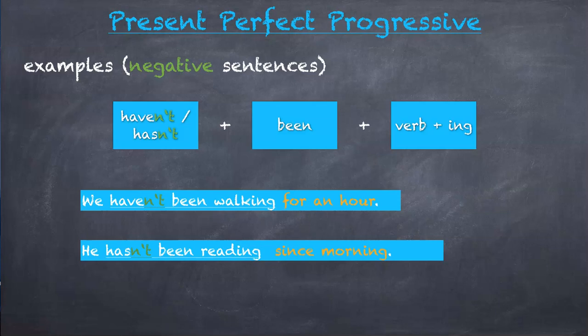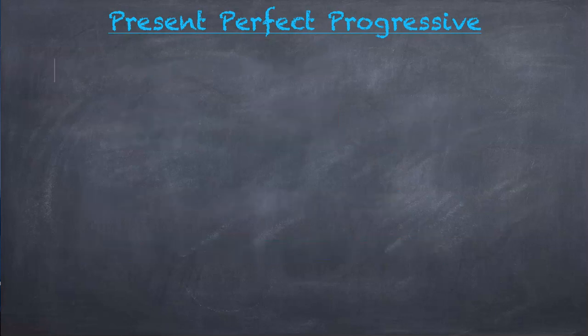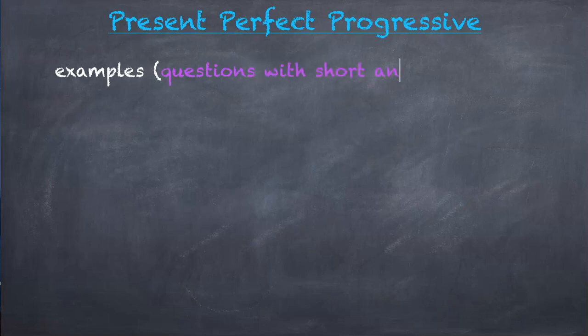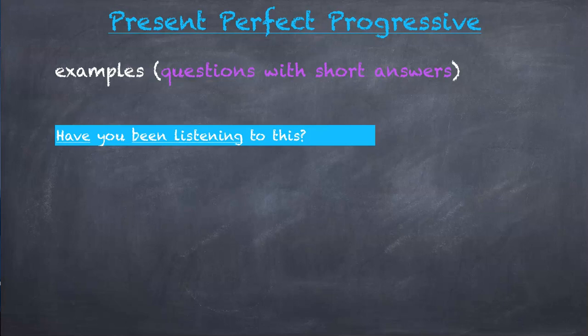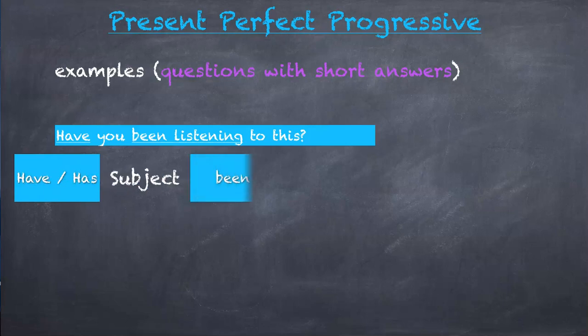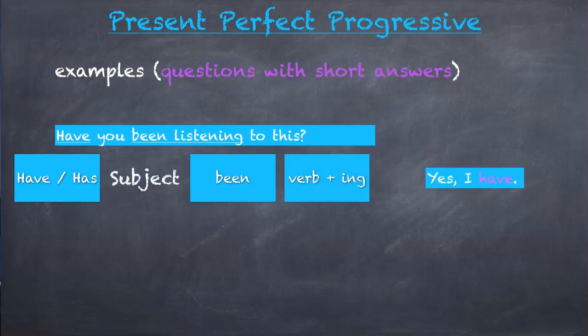Let's talk about questions last. We have questions with short answers. When you have a question like this, have you been listening to us? The structure is have or has in the beginning, then you have the subject, which is you here, then been, and then the verb plus ing.